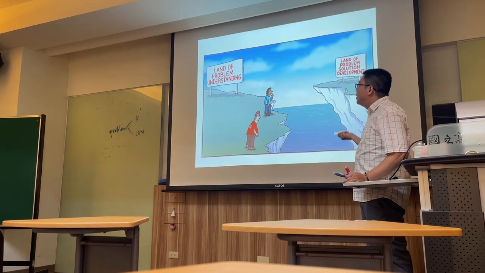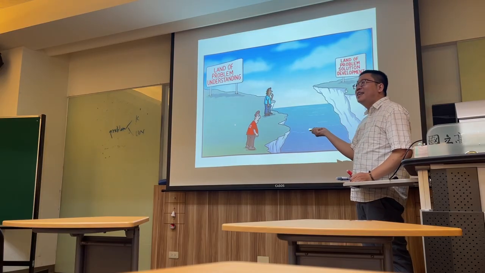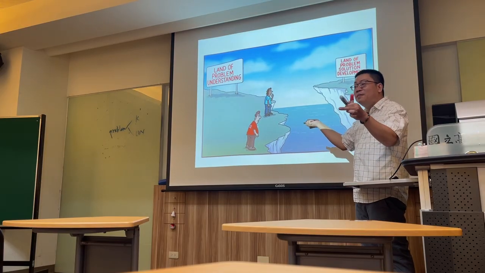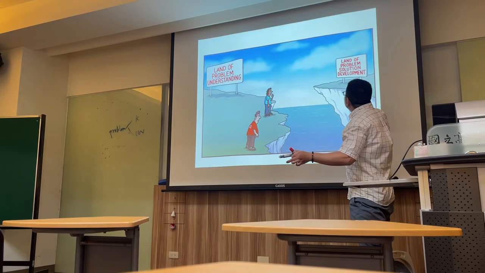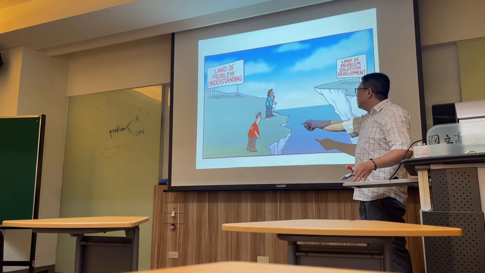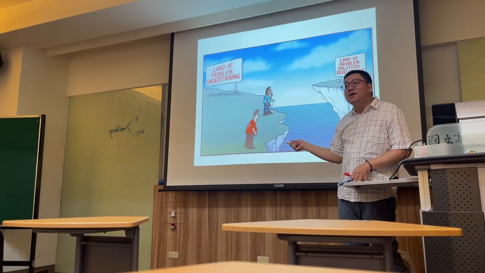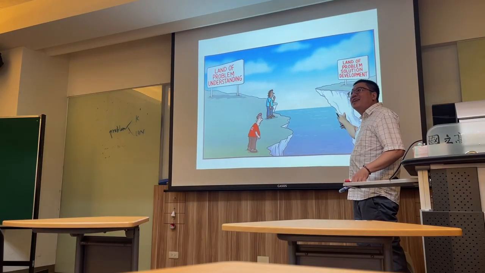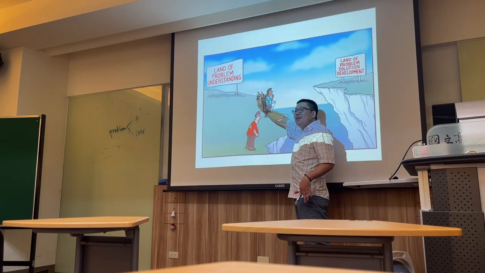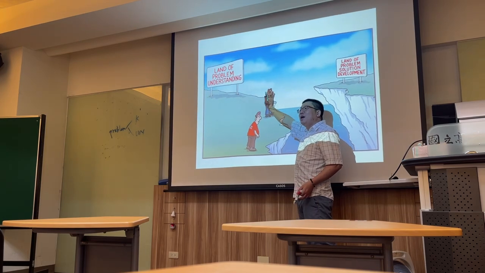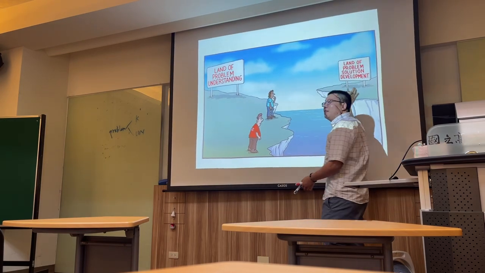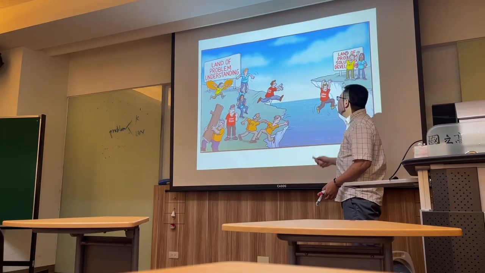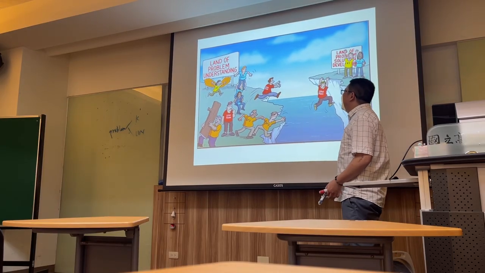Look at this example. Here is a problem, and here is the solution development. Because we are facing the problem, we need to move from here to here. When we stand here, we don't know the solution, and what we need to achieve is to find a solution.